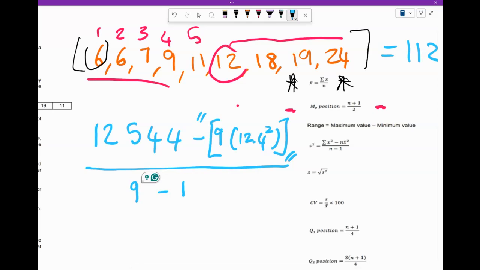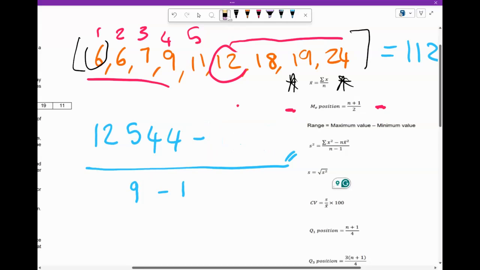So what do we get when we say 12.4 squared? 153, okay, then times 9, 1,383.